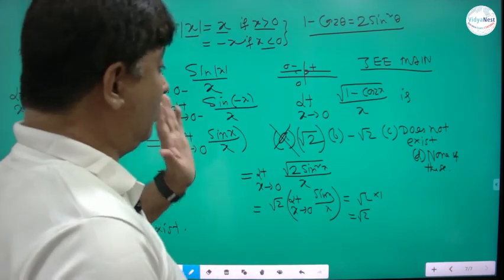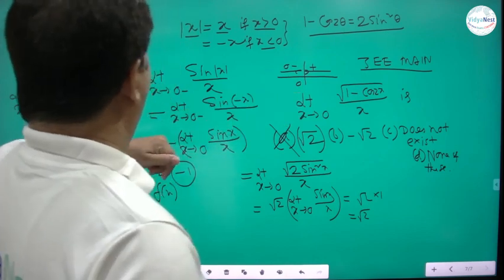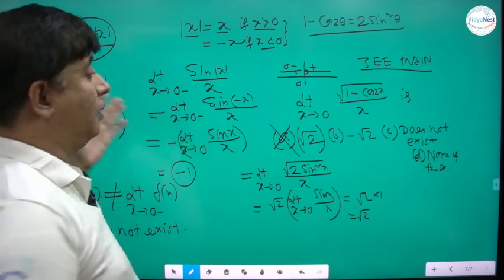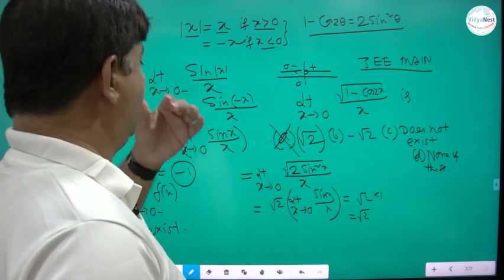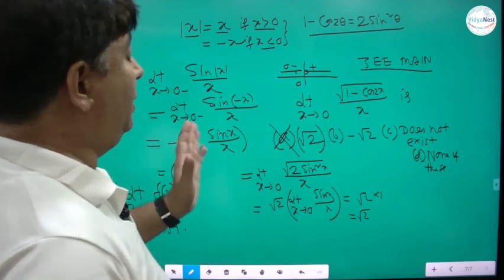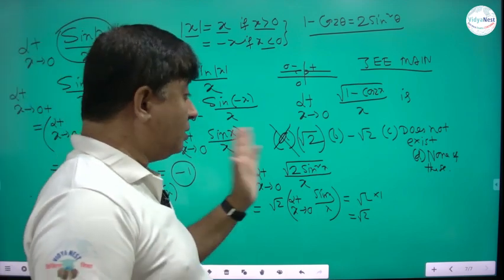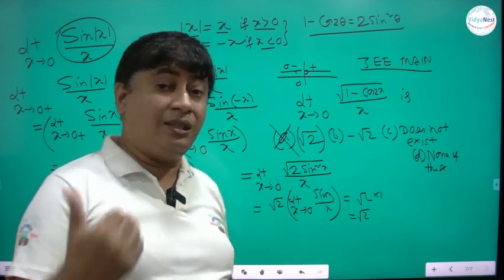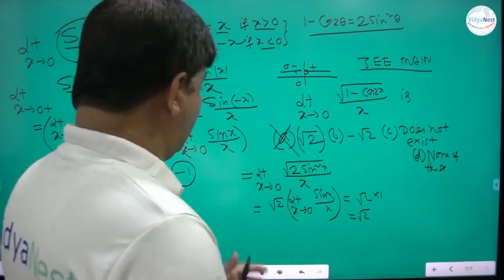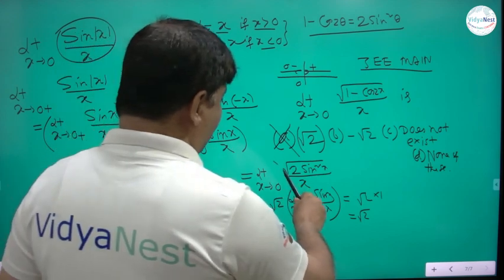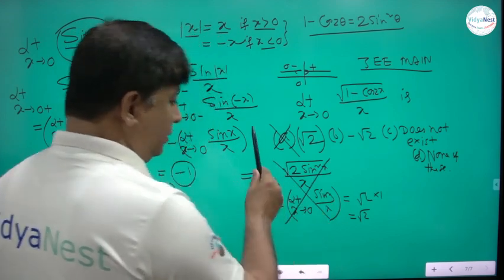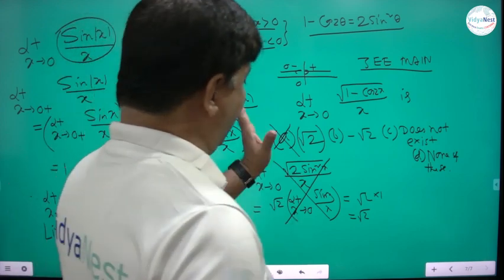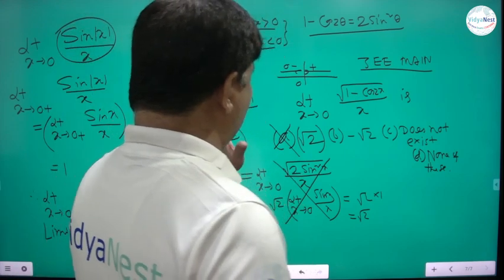So, once you get root or mod, I told you, or box function, then that concept will recur. Does it exist or not? See, that is the wrong method. It was accepted by maximum students.